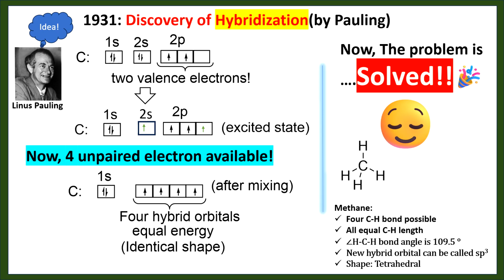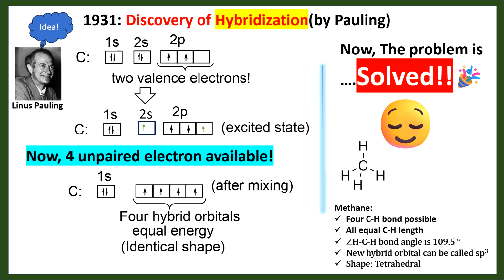In this condition, if each orbital undergoes bond formation, then 4 bonds are possible, but they would be different, as s and p have different energy and different orbital shape, so they should form different bonds. But in methane all bonds are the same, and all bond angles are also the same.